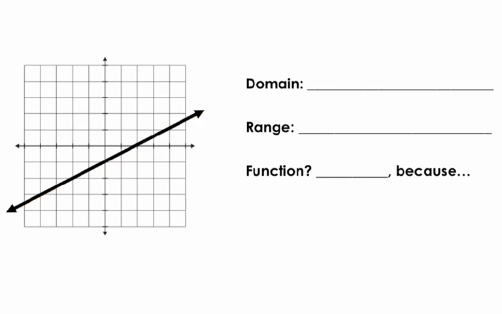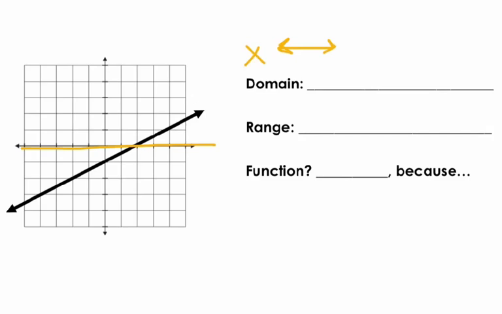So let's look at the domain first, and remember that's our x values going horizontally, of course. I just misspoke. We're looking at this, and really that line, because it's going up and to the right and down and to the left, and it continues, it doesn't stop anywhere, it really represents any value along that x-axis.